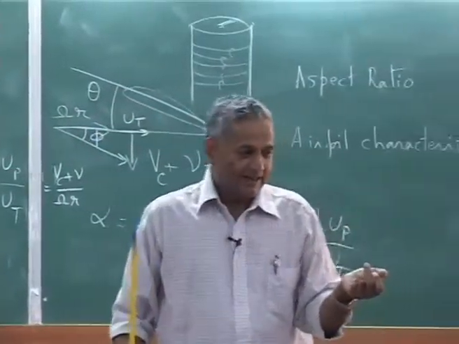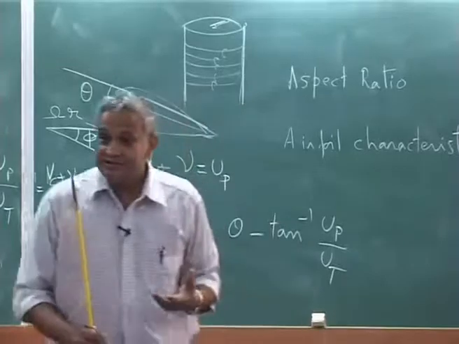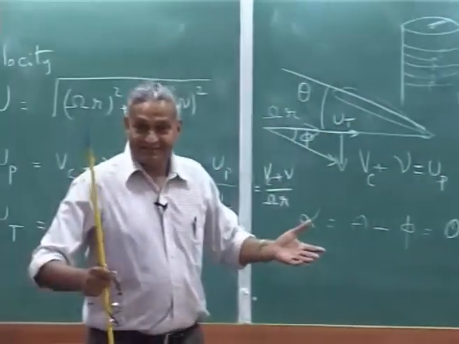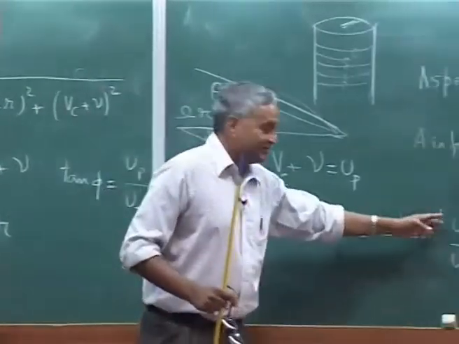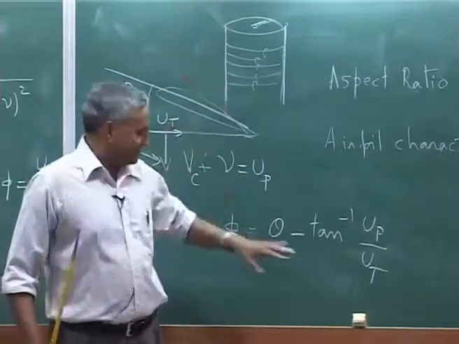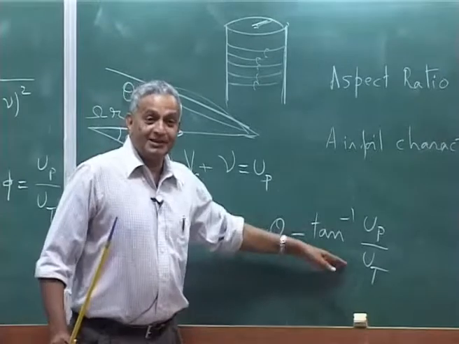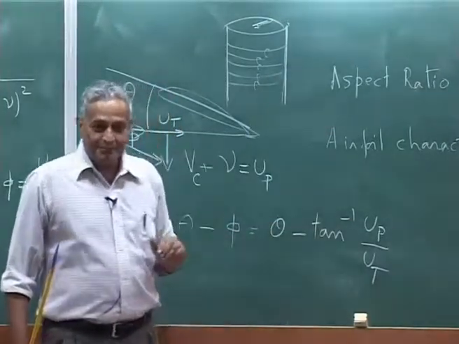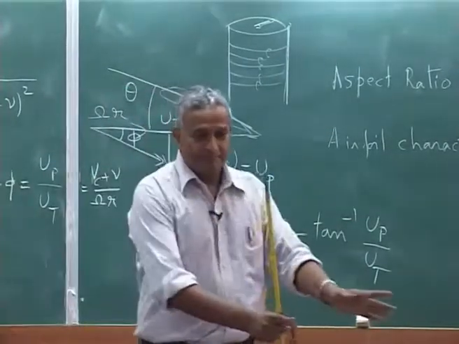And that means the angle of attack, whatever you put, because this value will be drastically increasing. Okay, theta may be fixed, but this will keep on increasing, but then you are going to have problems.